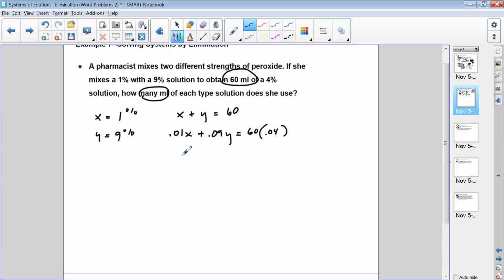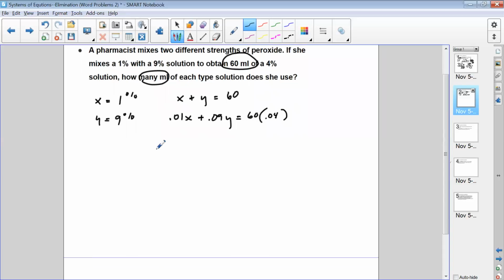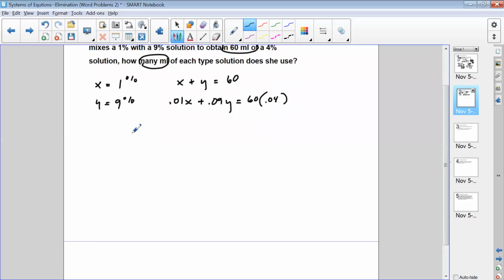So what I'm going to do is go ahead and eliminate X just by choice. So I'm going to multiply everything in the first equation by 10%.